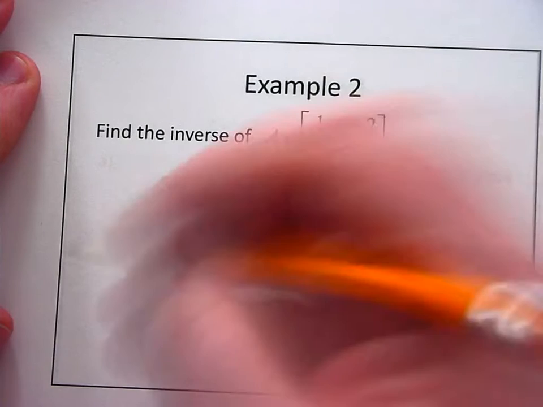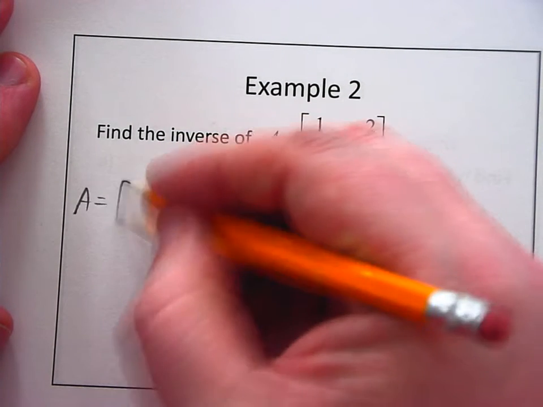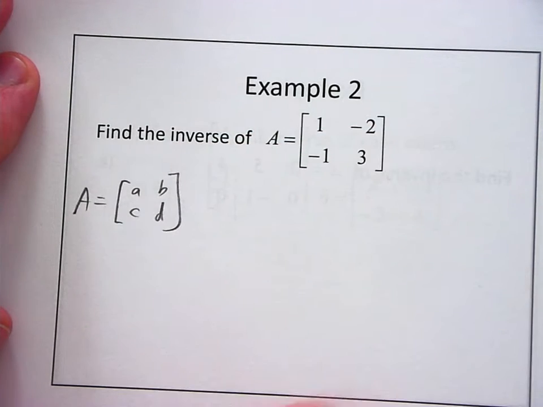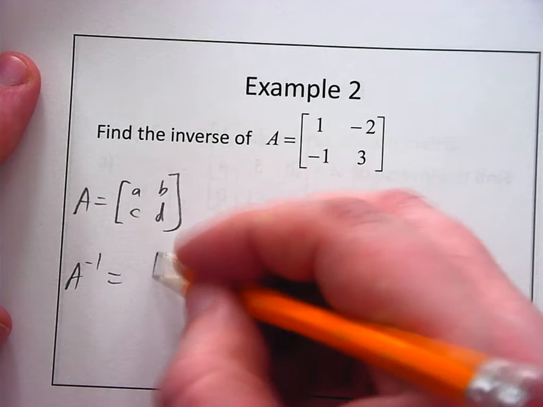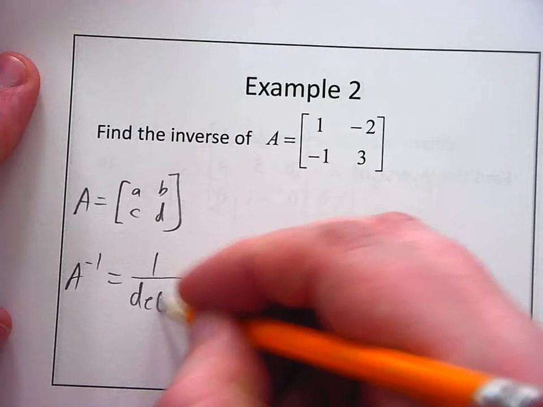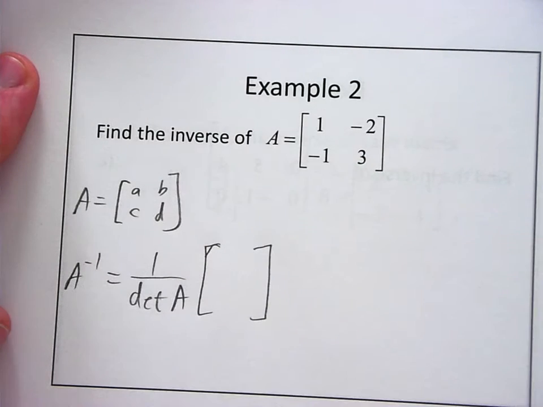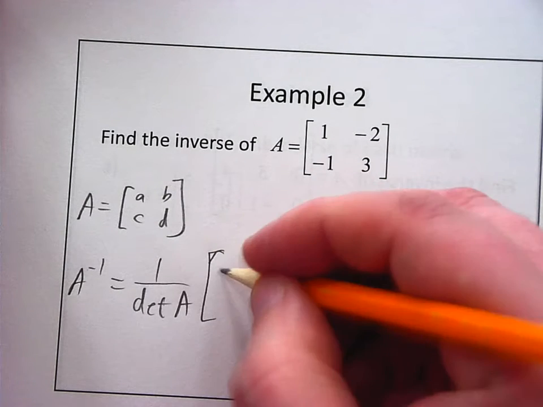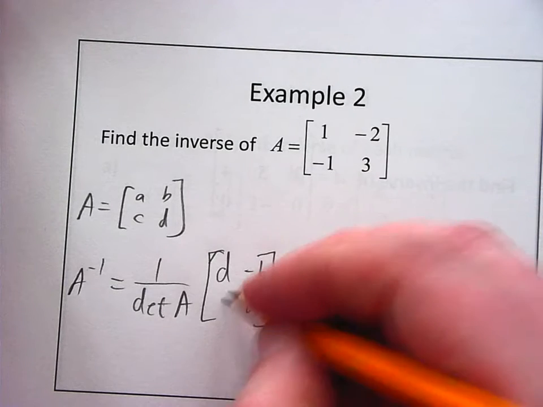If you want to find the inverse of A, where matrix A is equal to the matrix A, B, C, D, just to generalize this, then the inverse of A is going to be equal to 1 over the determinant of matrix A times a slightly rearranged version of this matrix. You swap your top left and bottom right and flip the signs on top right and bottom left.